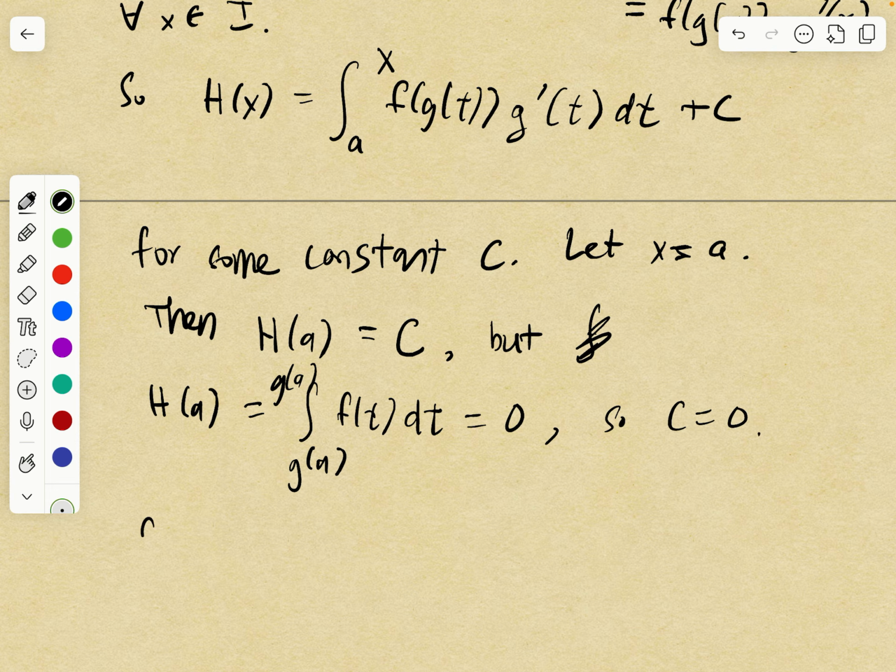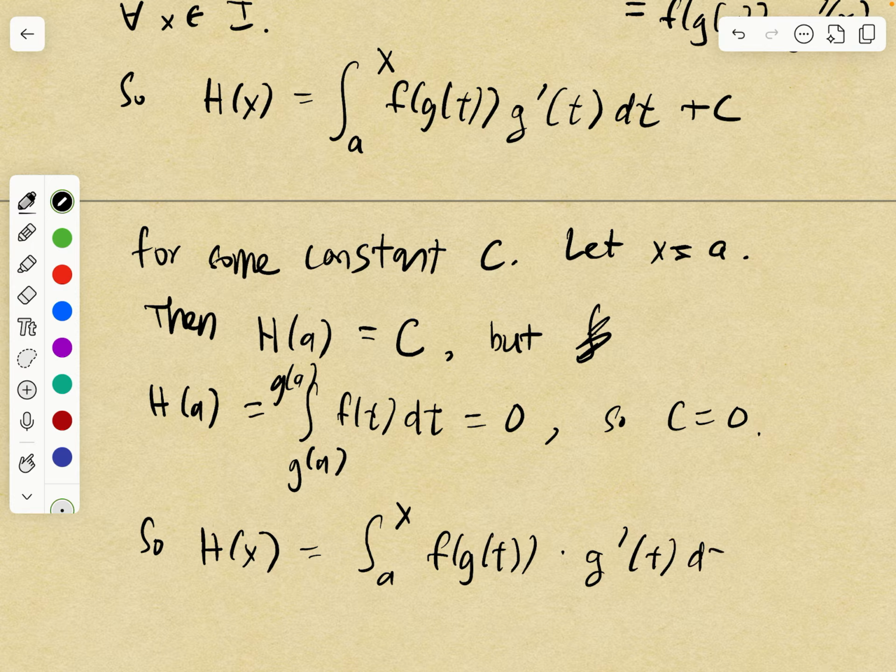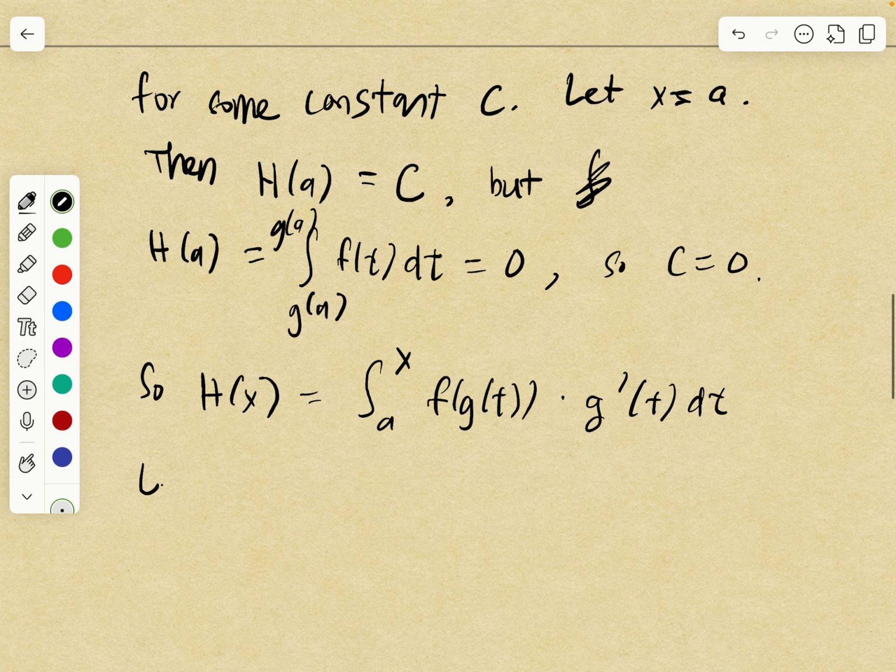Therefore, H of x equals the integral from a to x of f of g of t times g prime of t dt. And now we let x be b.